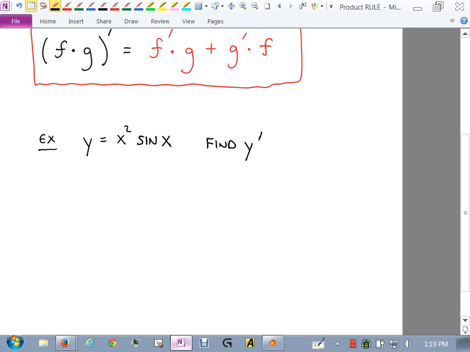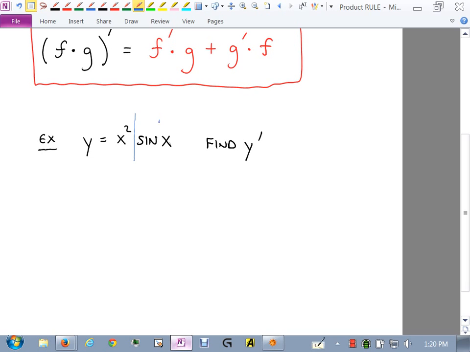Is everyone comfortable with the fact that that's a product? I always like to identify where the product is, and I like to do it by just drawing a little vertical line right between where the product is, like that. That's where my product is occurring, yes?